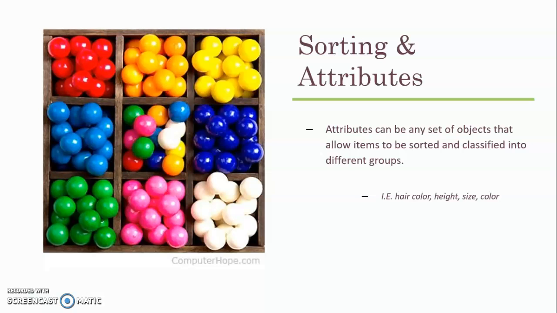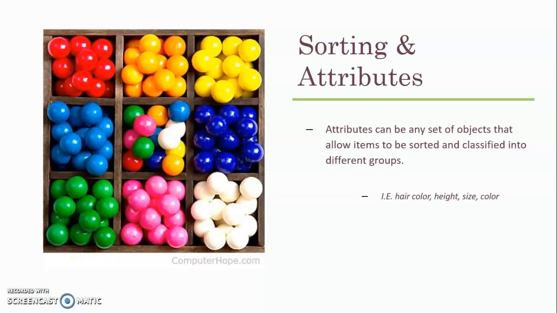Sorting and attributes. Attributes can be any set of objects that allow items to be sorted and classified into different groups. For example, hair color, height, size, and color. The one example I have here is gumballs. They have one thing that's the same about them: they're all gumballs.